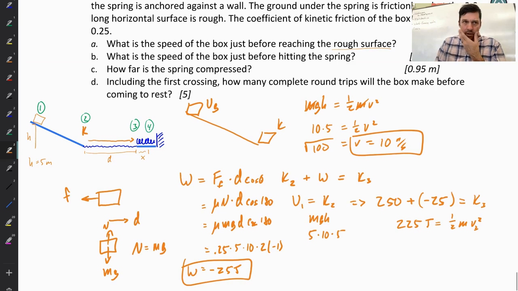So just got to crunch a number there. 225, this calculator doesn't work. 225 equals 1/2 times the mass, which is 5, v squared. 2 divided by 5, square root of, is 9.48, 9.5 meters per second.